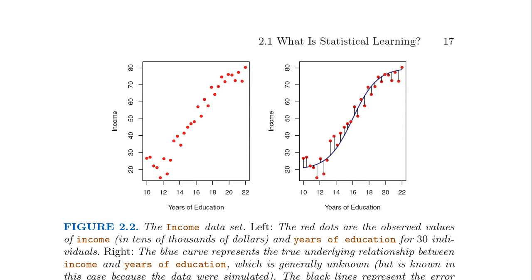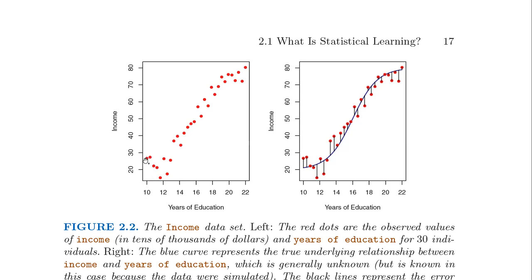They've kind of reversed the process. They've started with a known F. They've added an error term. They ran a simulation. It created one observation for someone who did 10 years in education, 11, no?